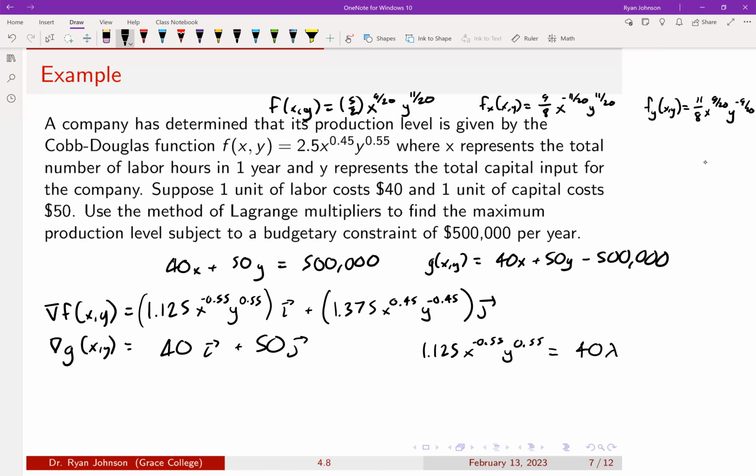And with regard to j, 1.375 x to the 0.45 times y to the negative 0.45 equals 50 lambda. Okay, and then finally, g is equal to 0. So that means that 40x plus 50y equals 500,000.